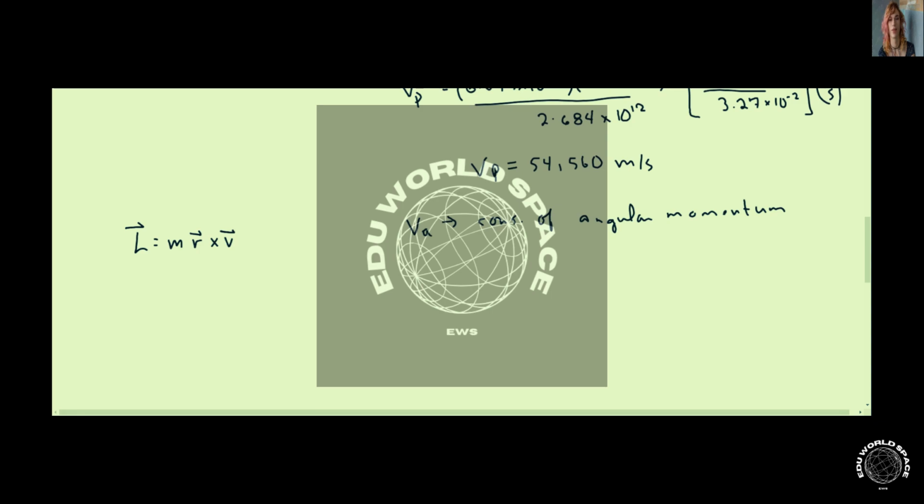Here, we know that the r and the v are perpendicular at both of those points. So we can actually use the velocity we just found for the perihelion and the radius at perihelion related to the same at aphelion, and we can work that out.